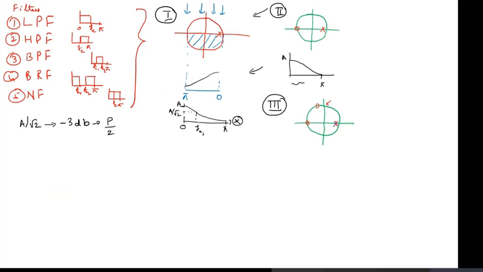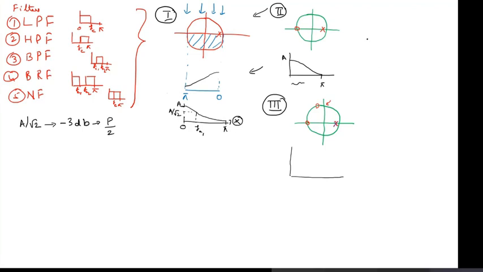Now what will happen to the frequency response? Any idea? At lower frequency, what will happen?